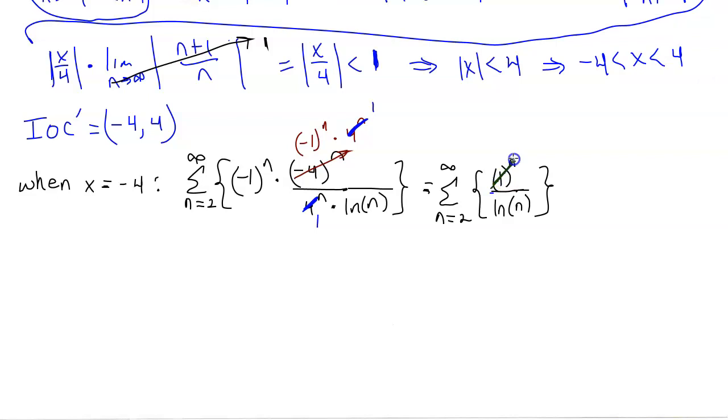So we could just replace all of that with just 1. So we essentially have a series here that's just going to be the series of 1 divided by natural log of n. And we want to know, is this particular series going to converge or diverge?